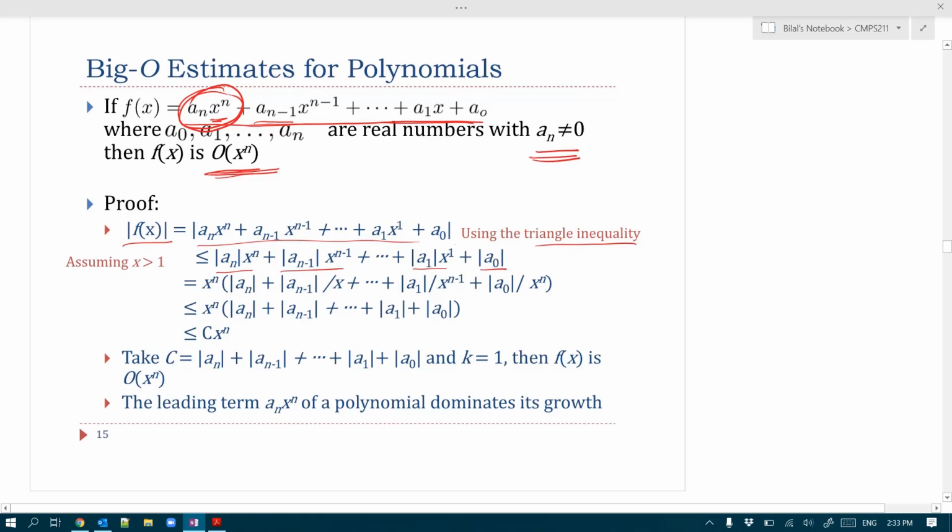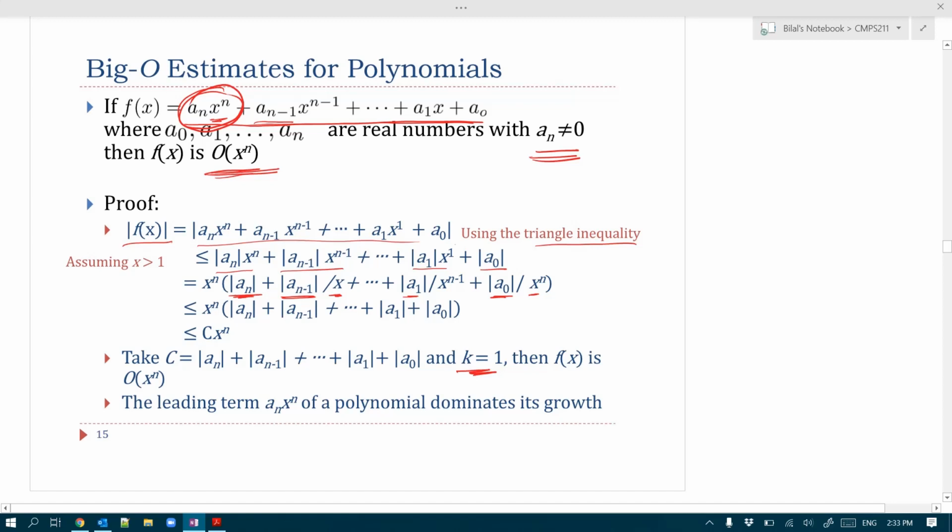You will be left with this term a_n here plus a_(n-1) over x, and then a_(n-2) over x squared, and so on and so forth, down to a_0 over x to the power n. For k equal to 1, so for every value of x that is greater than 1, all those fractions, 1 over x, 1 over x to the power n minus 1, 1 over x to the power n, are less than 1.